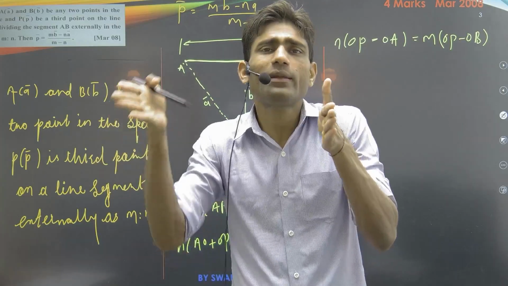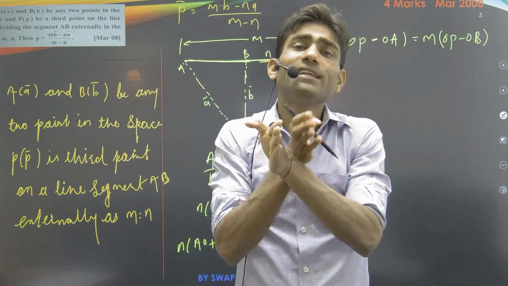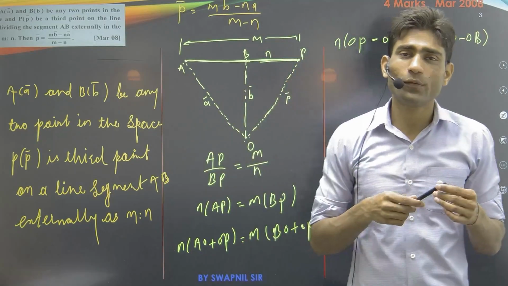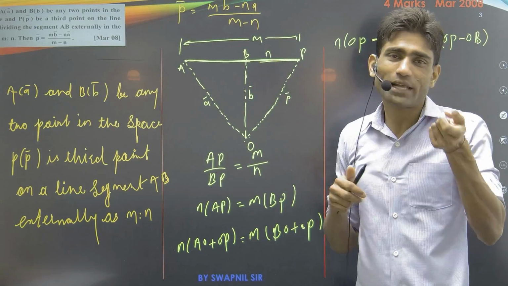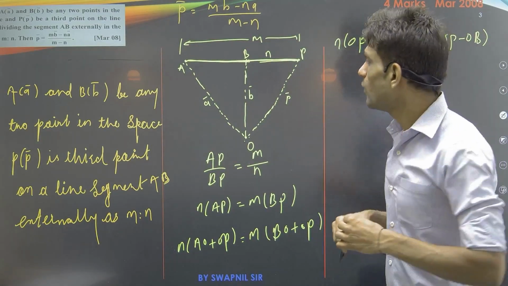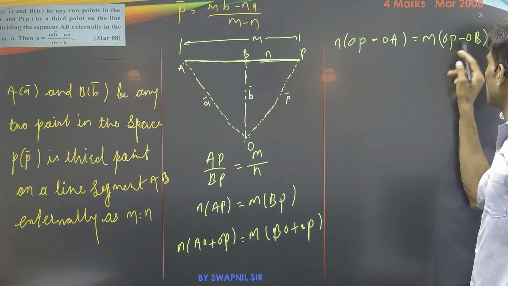If I go in the opposite direction, it gives us the negative sign. So we need to be careful about the sign of the vectors. Negative sign represents the opposite direction of our vector. So N times OP minus OA equals M times OP minus OB.